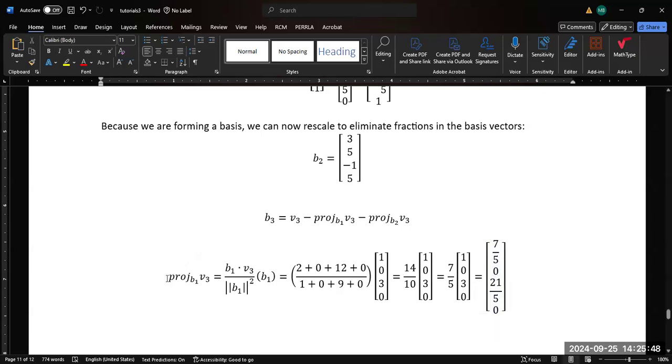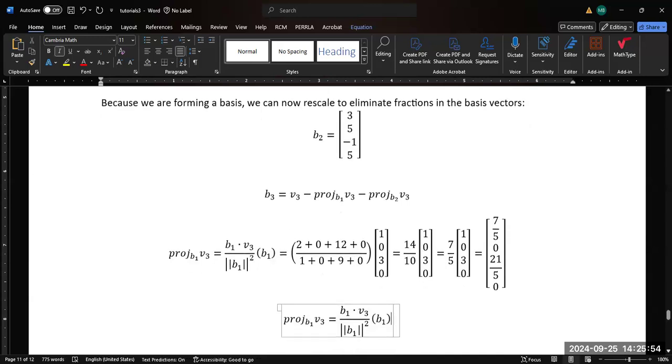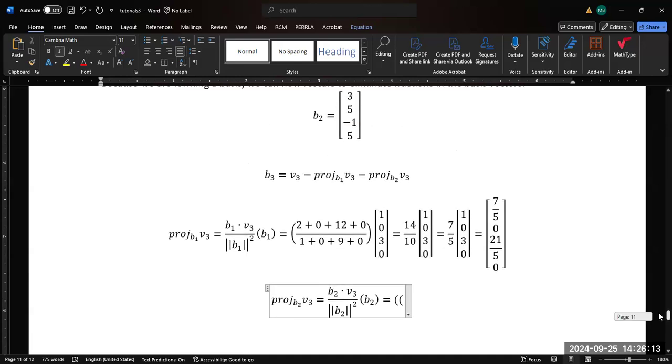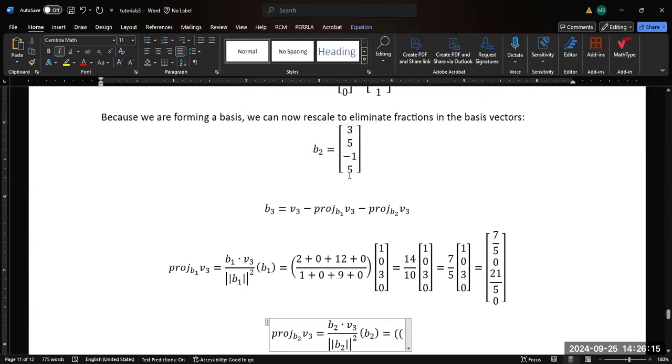And then we're going to do the same thing, but now with B2. So we'll change that subscript, and that subscript, and that subscript. And so we're going to end up with B2, which was our 3, 5, negative 1, 5.